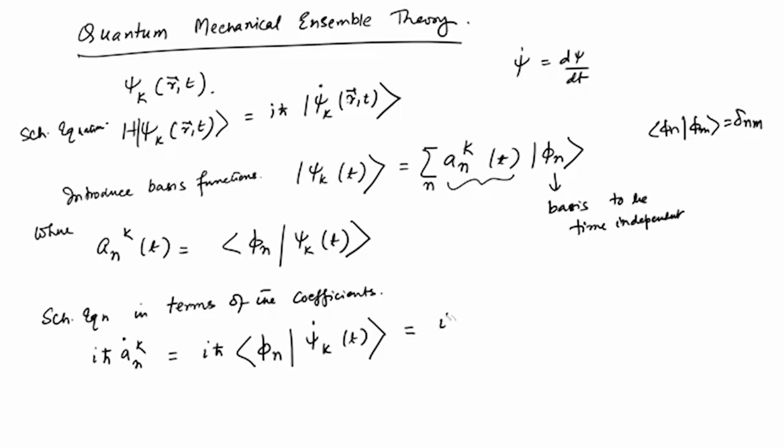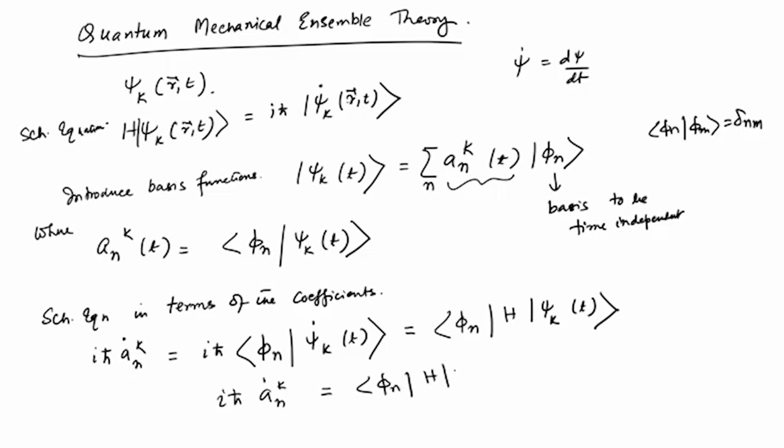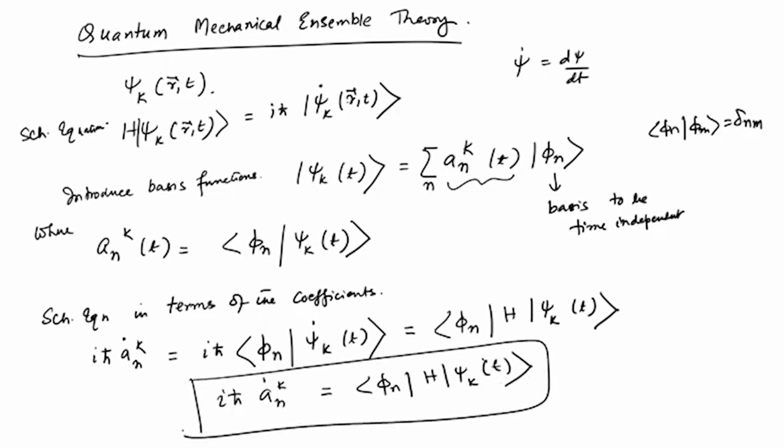So, including the iħ, this becomes equal to phi n and H acting on psi k of t. So, the equation of motion of these coefficients a nk dot is nothing but the matrix element of H between these basis states and the state. Okay. So, this is the equation of motion, which is also an alternate form of the Schrödinger equation.